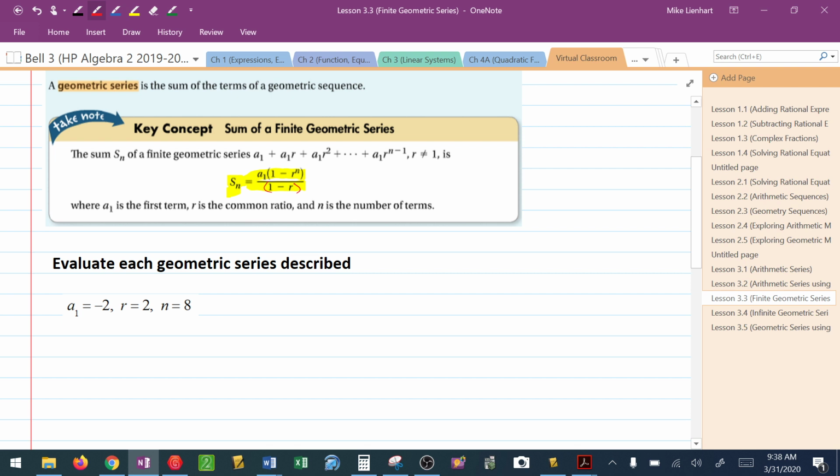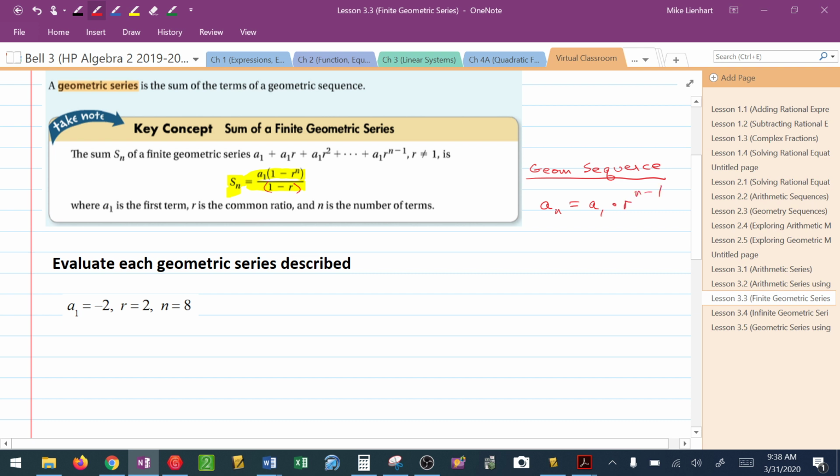Now, off to the side here, just in case we need it, let's make sure that we remember the geometric sequence formula. I'm going to write that in here. That's a sub n is equal to a sub 1 times r to the n minus 1.